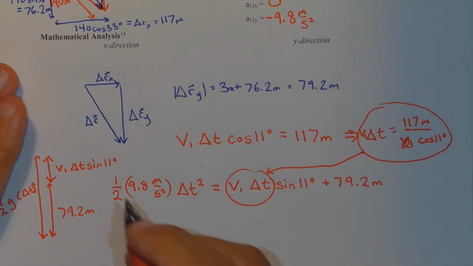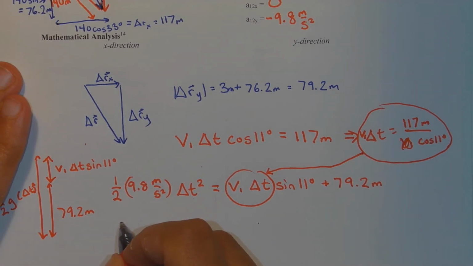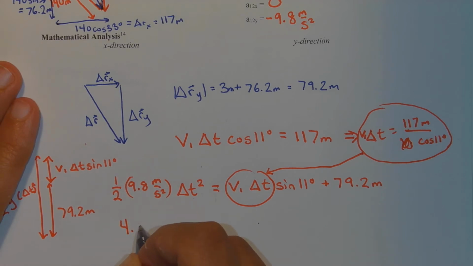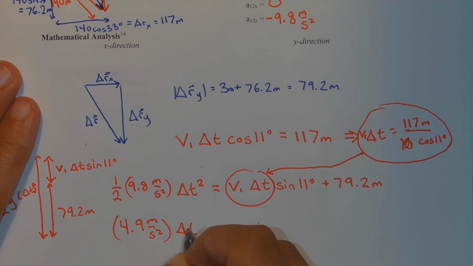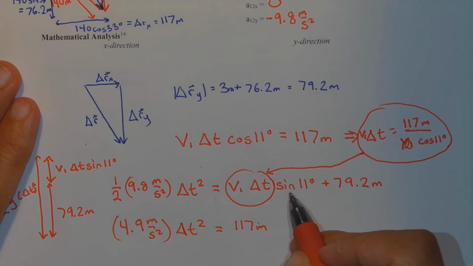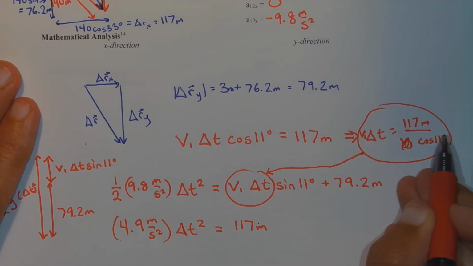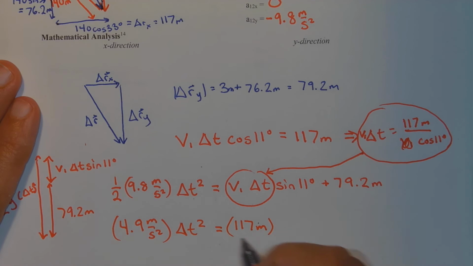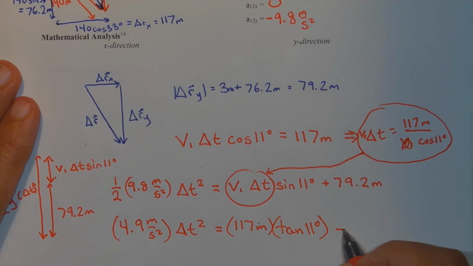When I rewrite this, 9.8 divided by 2, that's 4.9 meters per second squared, times delta t squared is equal to 117 meters times sine of 11 degrees divided by cosine of 11 degrees. So let's just call that tangent of 11 degrees, plus 79.2 meters.